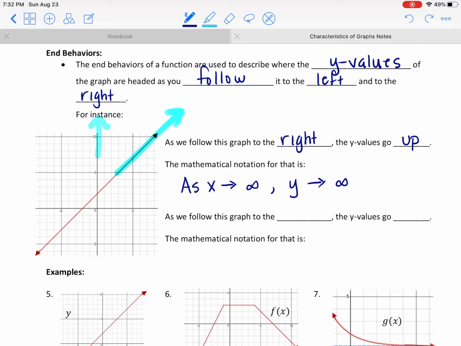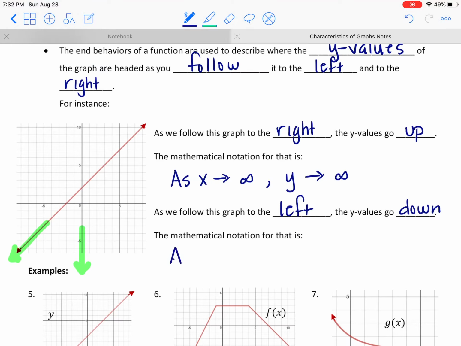Okay, now let's try that again with the other end. So on the other end, if we go to the left end of the graph, the left end's over here, if we keep following, what's happening this time is the y values are going down forever toward -infinity. So as we go to the left, the y values of this graph are headed down toward -infinity. So here's the notation.